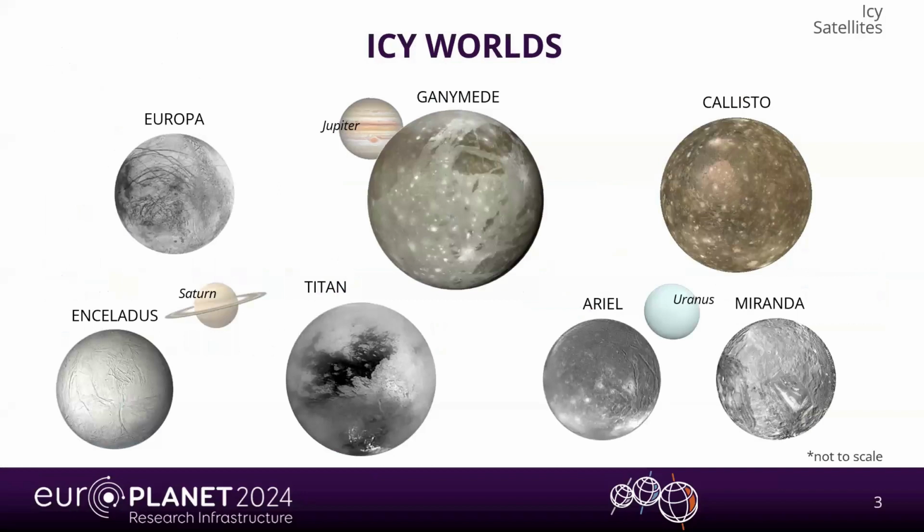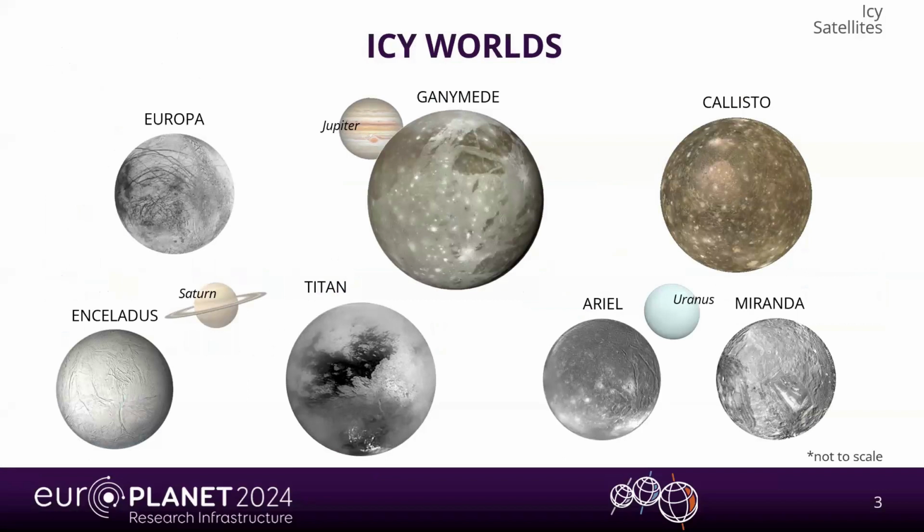Yes, okay. So, ice is ubiquitous in the solar system, and it is mostly widespread in the outer solar system where the icy satellites are located.